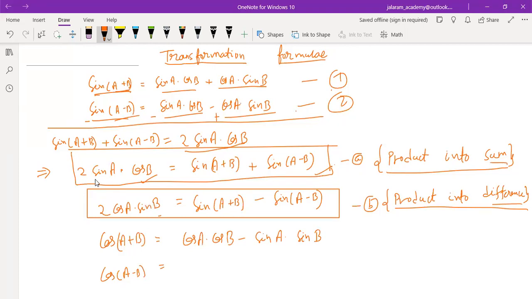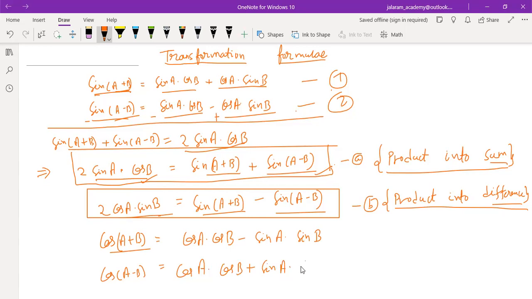So we have changed 2 sin A cos B to sin A plus B plus sin A minus B, and 2 cos A sin B to sin A plus B minus sin A minus B. Now cos A plus B is cos A cos B minus sin A sin B, the compound angle formula. And cos A minus B, we know that is cos A cos B plus sin A sin B.